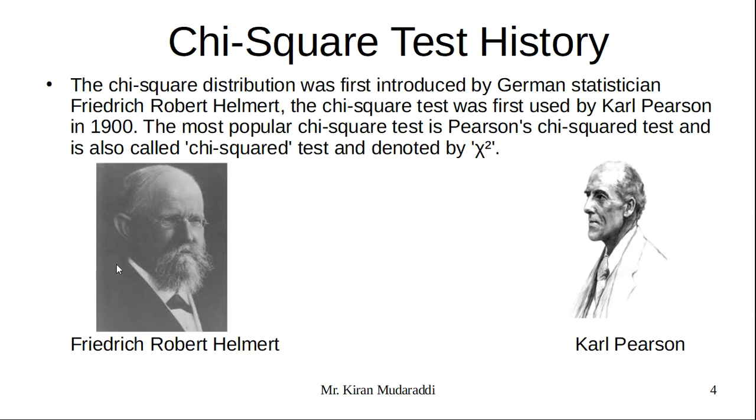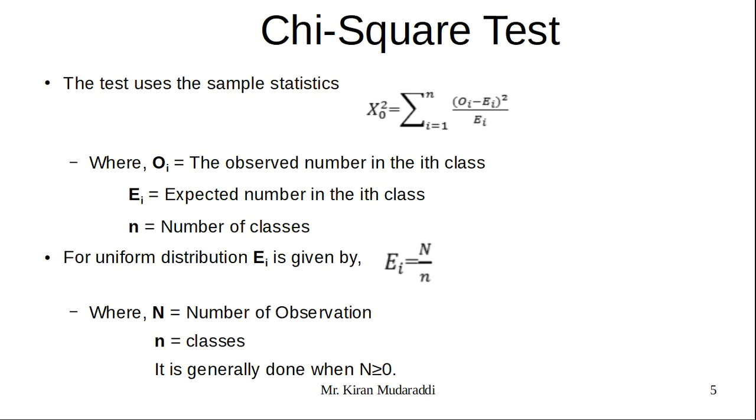These are the two statisticians, Friedrich Robert Helmholtz and Karl Pearson, who created or discovered an algorithm to test the uniformity of random numbers. I'll take you to the formulas and how the algorithm is going to be used in the next slide.